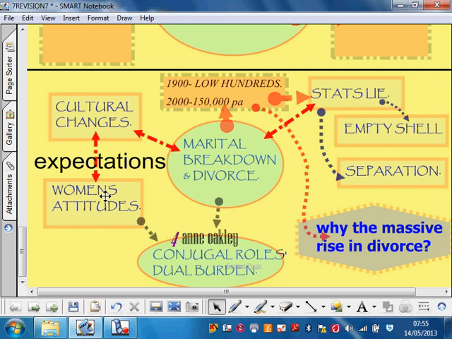In particular, women's attitudes have changed. Women are much less likely to put up with a lot of rubbish from men. In particular, we think women are less likely to put up with the dual burden. So if they have the dual burden, with a husband who refuses to do housework, they're more likely to get a divorce because divorce is now much easier and there's much less social stigma.